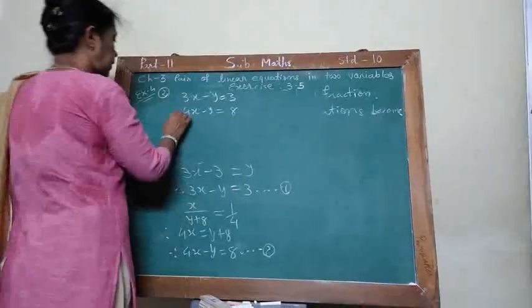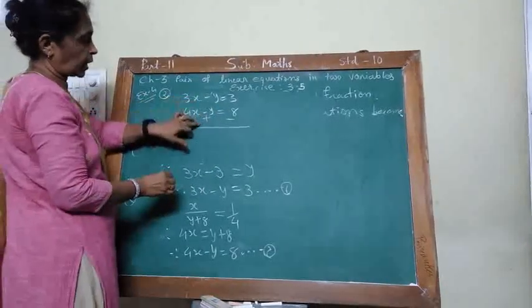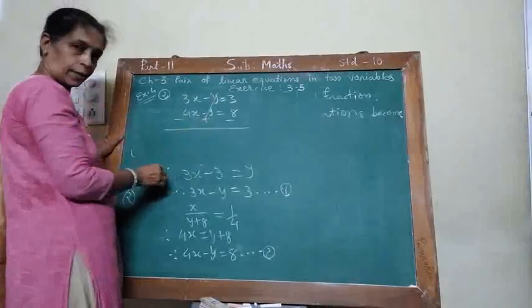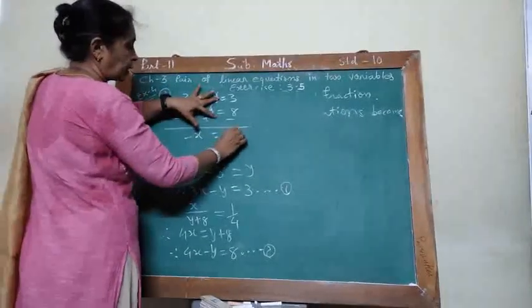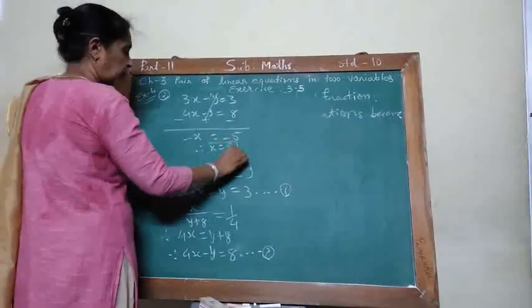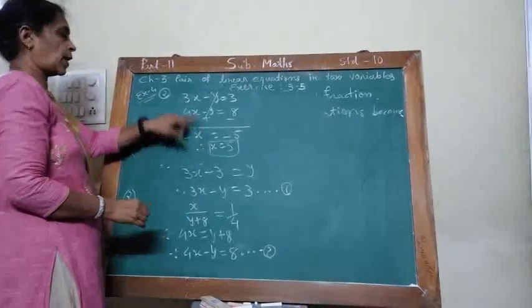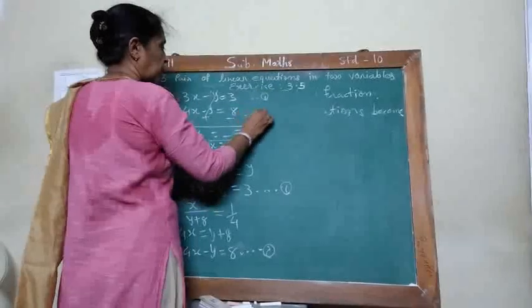So now I change the sign. Because both are negative, I change the sign so that y cancels, and minus x is equal to minus 5. Therefore x equals 5. And substituting this value in any equation, I substitute in equation 1. Okay.